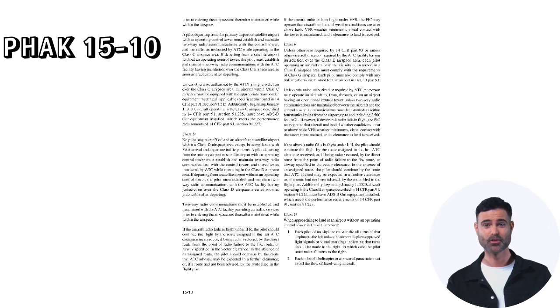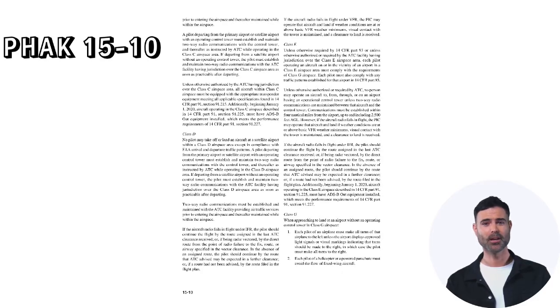Communications must be established within 4 nautical miles from the airport, up to and including 2,500 feet AGL. However, if the aircraft radio fails in flight, the PIC may operate that aircraft and land if weather conditions are at or above basic VFR weather minimums, visual contact with the tower is maintained, and a clearance to land is received.